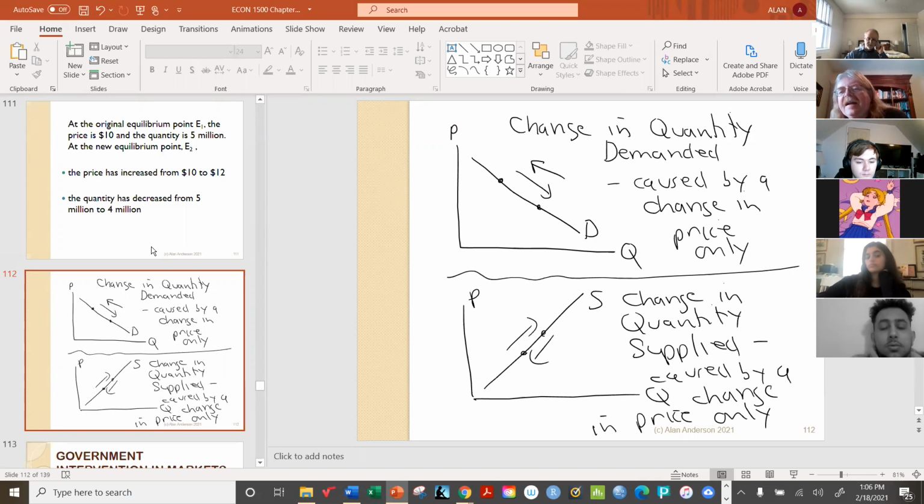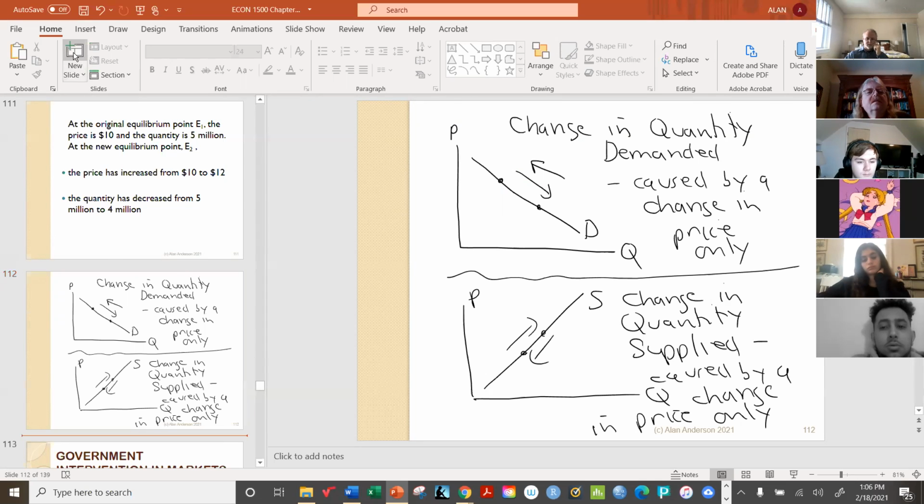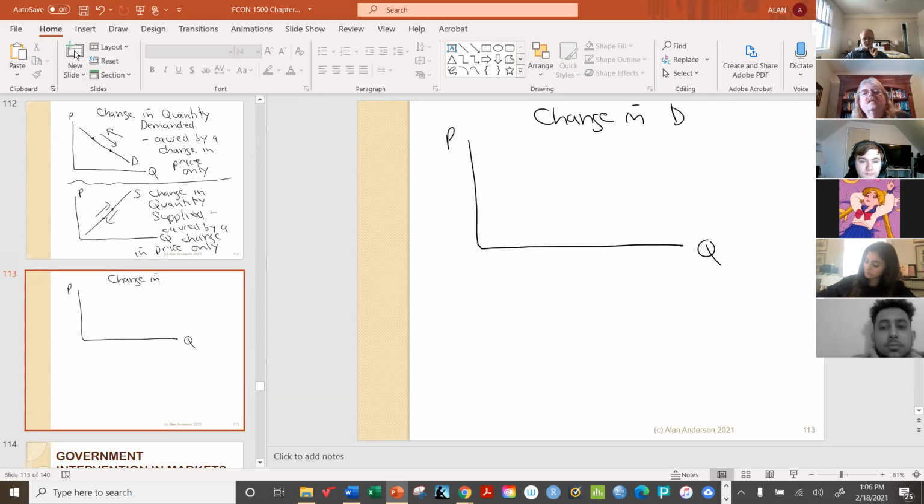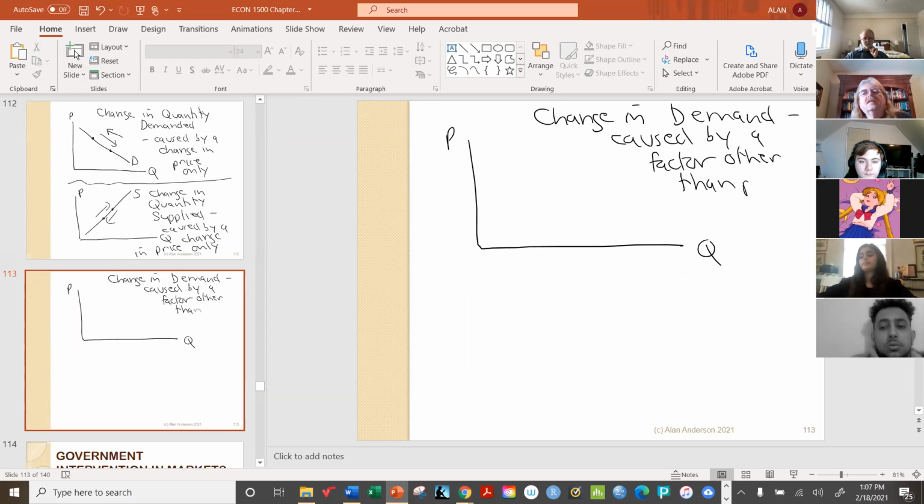All right, then we have the changes in demand and supply. There are two possibilities. We have a change in demand caused by a factor other than price, the price of the good, that is.